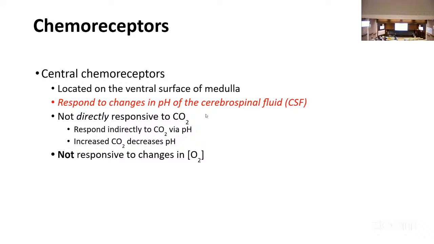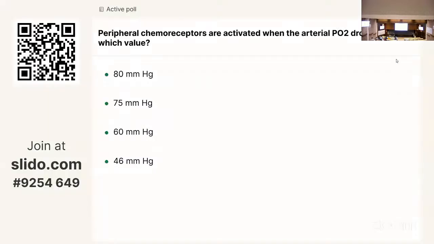But a good thing to know about these central chemoreceptors is that these ones just don't respond to oxygen changes at all. So they are purely focused on assessing these carbon dioxide changes by assessing pH. They're not responding to oxygen. Only the peripheral ones would be responding to oxygen, and only when we have really big changes.